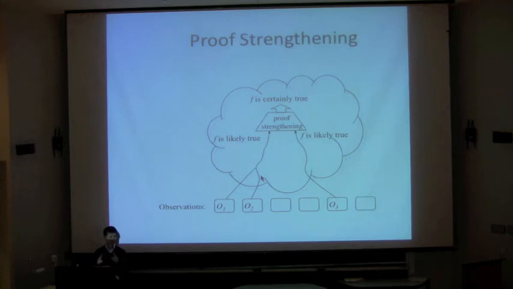By independent, I mean they are based on disparate observations and distinct proof derivation paths. But they end at the same conclusion, F. And maybe both modes are likely, for example. In that case, you may be able to strengthen your belief because you have complementary evidence that says this fact F is likely true. And we strengthen it.